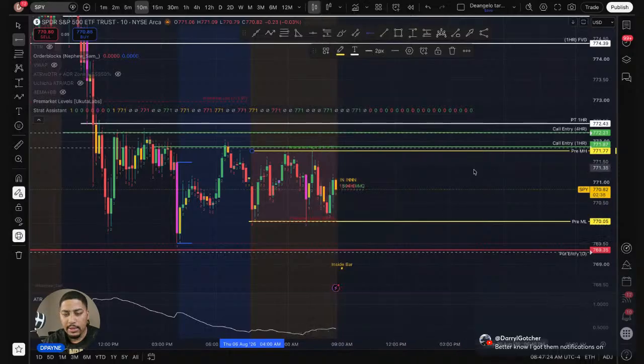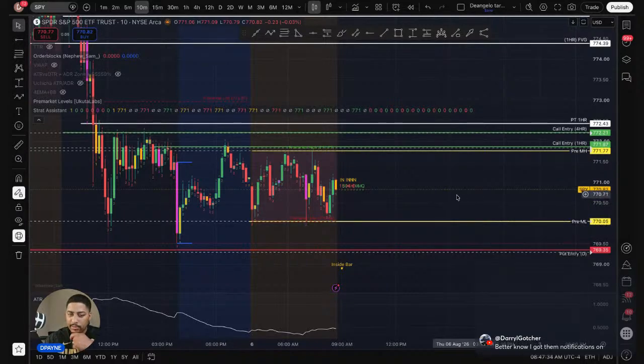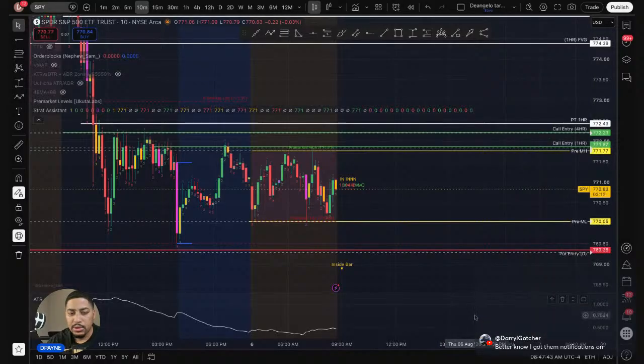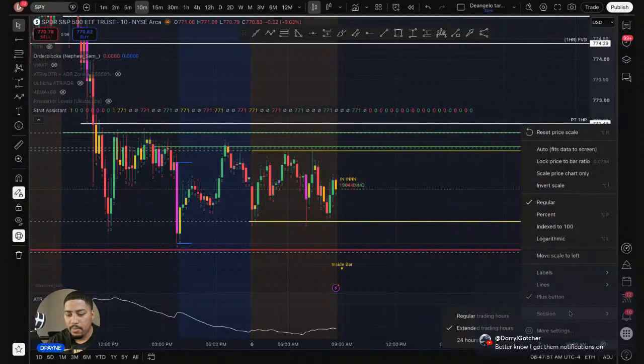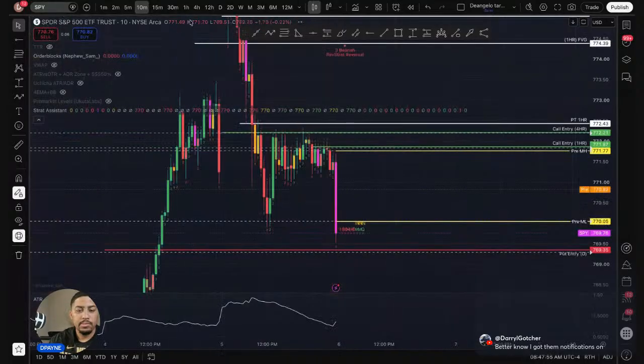Pre-market high 771. So this is your range. So pretty much consolidation all night. Didn't really go too far. Put it back on regular hours. There we go.